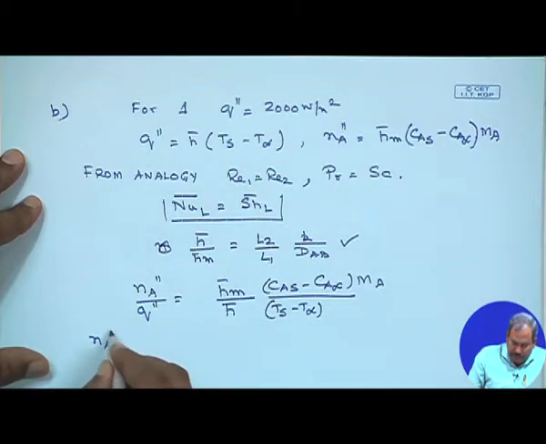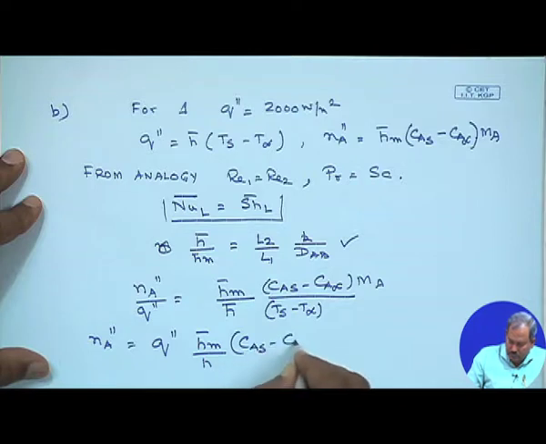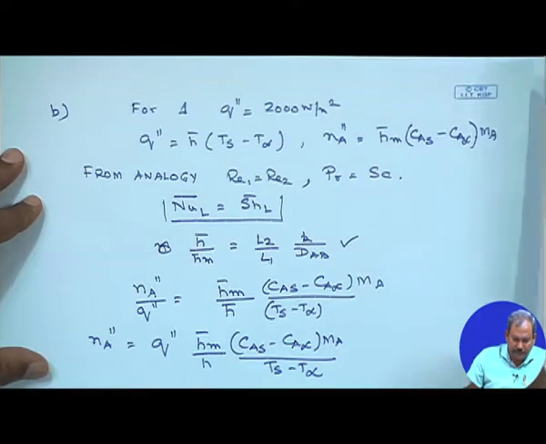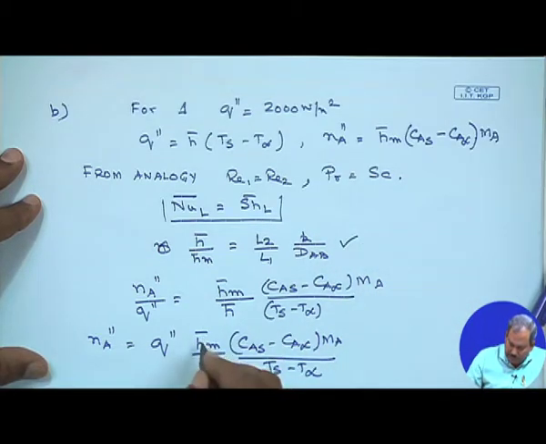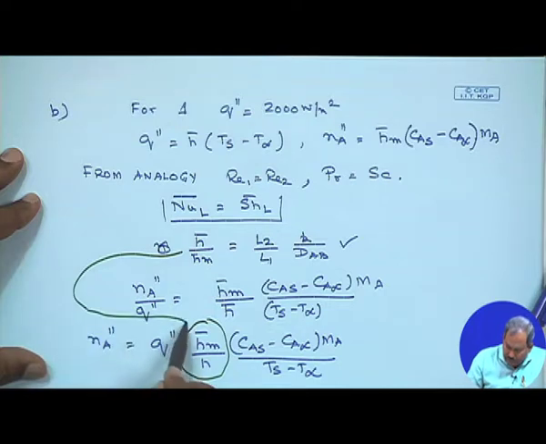So, therefore, my N_A double prime has the same expression over here, and now in this, H bar m by H, I bring this one over here.